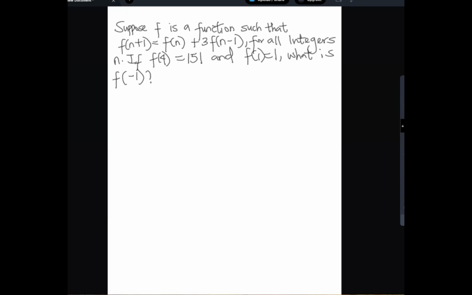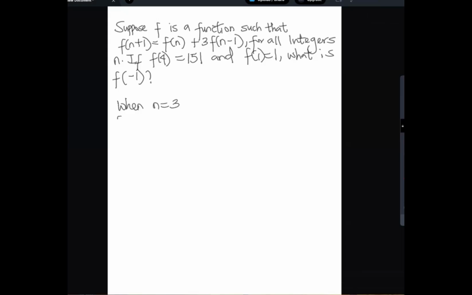So we're starting off with when n is 3. When n is equal to 3, how does the function behave?